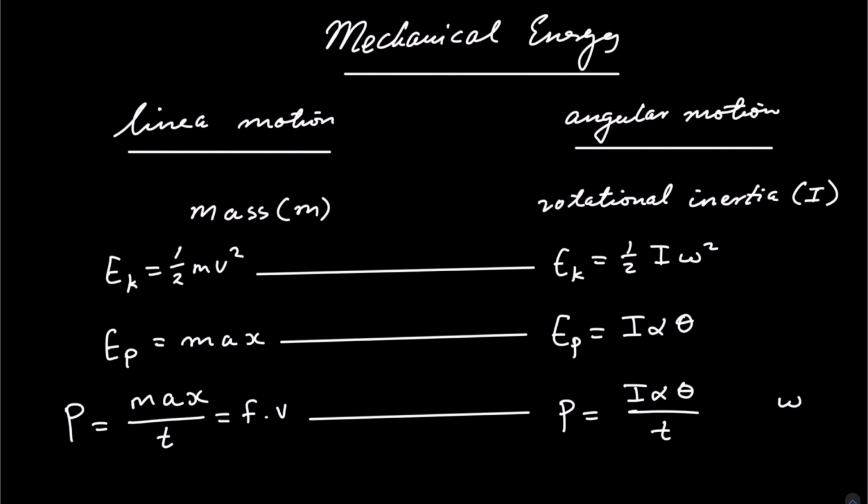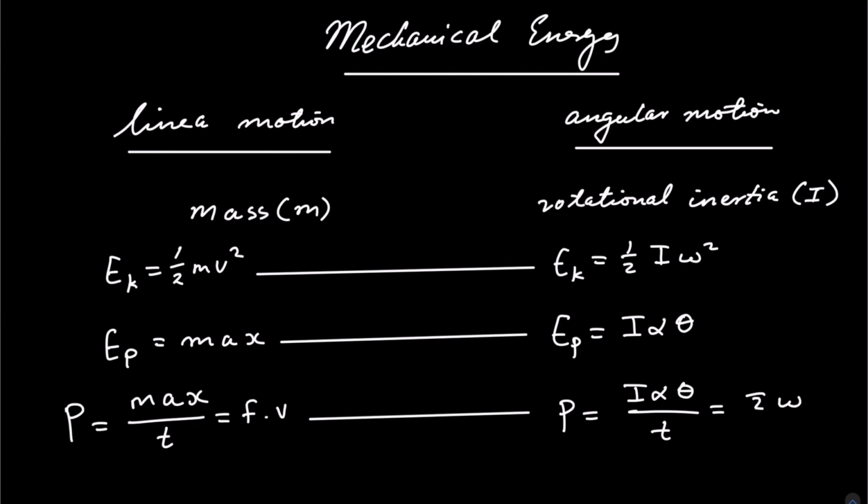And we multiply that with the force, which is rotational inertia multiplied by the angular acceleration. So then we use the torque instead of force. It will basically be torque multiplied by angular speed.